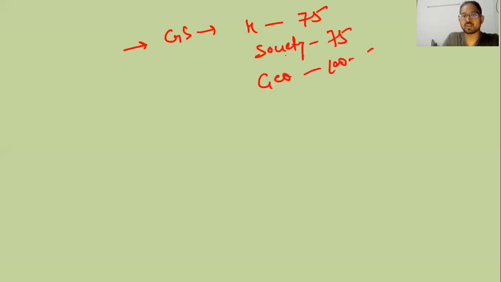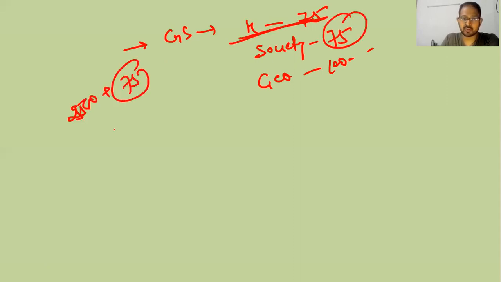For example, in GS1, history is there with around 75 marks, society is there with around 75 marks, and geography is there for 100 marks. So if you are willing to take history, it will help you, 500 plus 75 marks here. If you're willing to take sociology, again 575 marks. If you're willing to take geography, 600 marks.